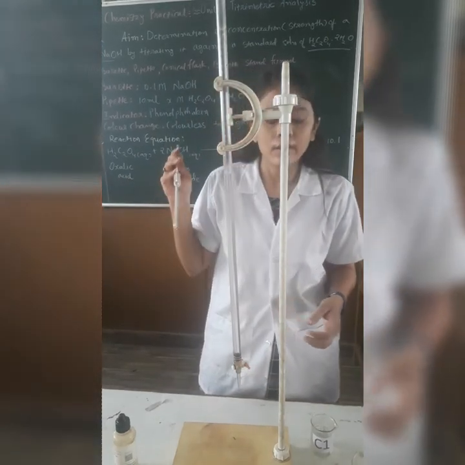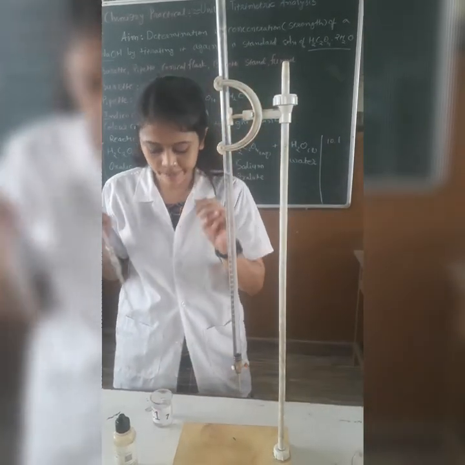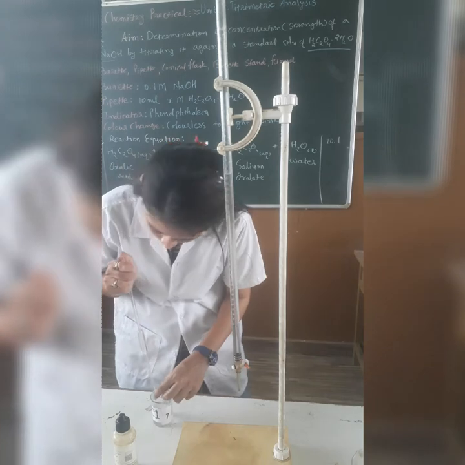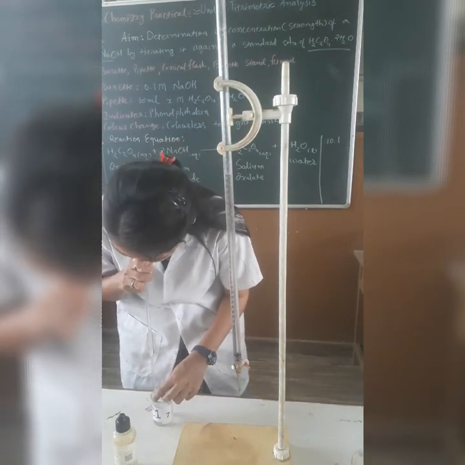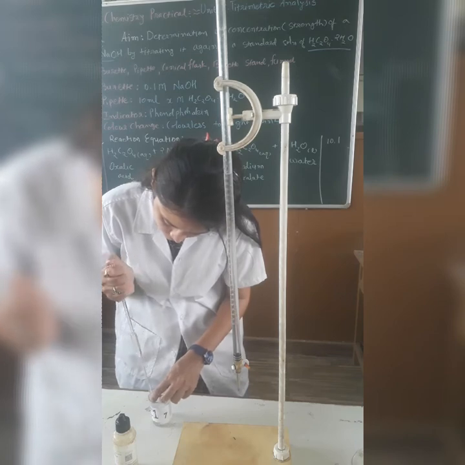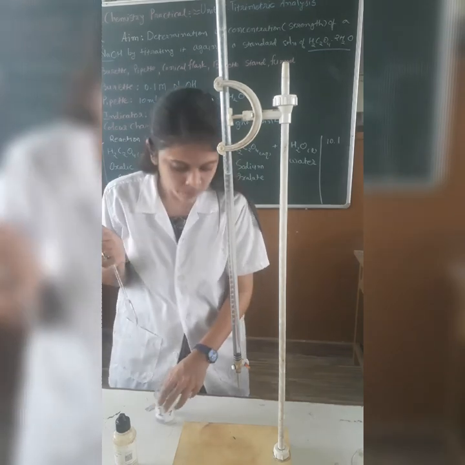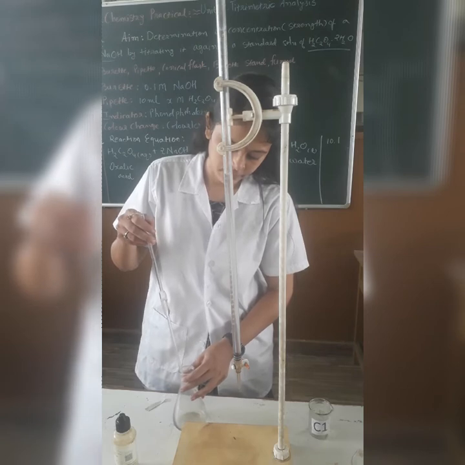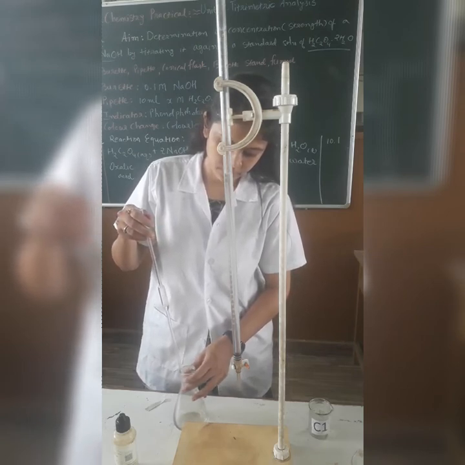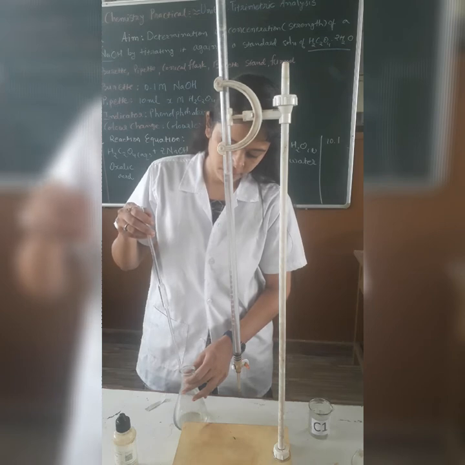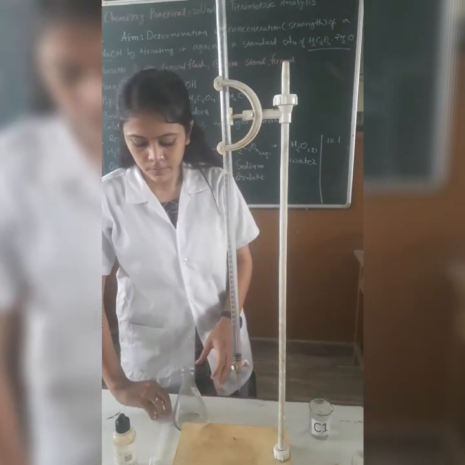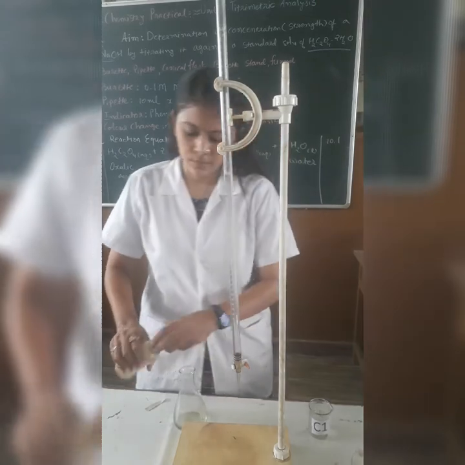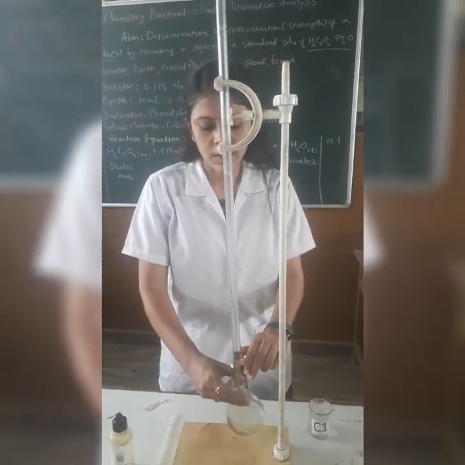Again we have to take 10 ml oxalic acid, the third time. Pour it into the conical flask. Then titrate it again.